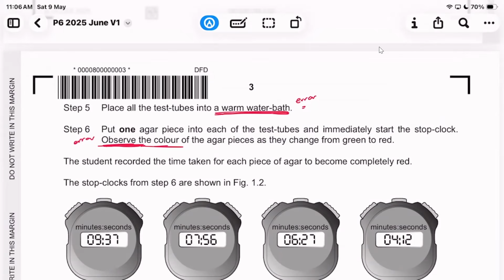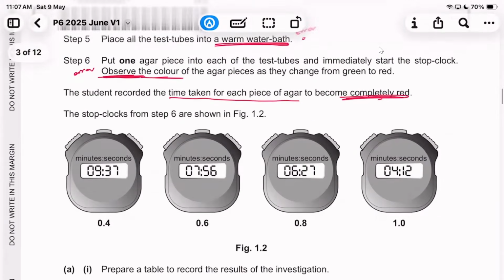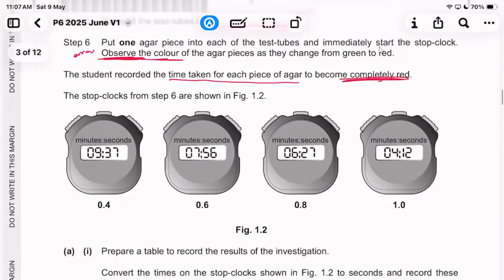Observe the color of the agar pieces as they change from green to red. The student recorded the time taken for each piece of agar to become completely red, and we said that this is the dependent variable. The stop clock readings from step 6 are shown in the figure.